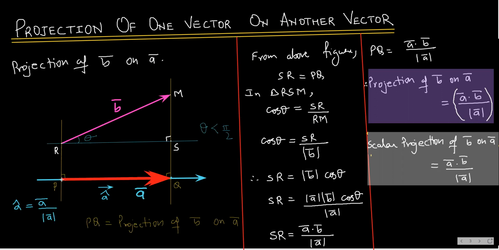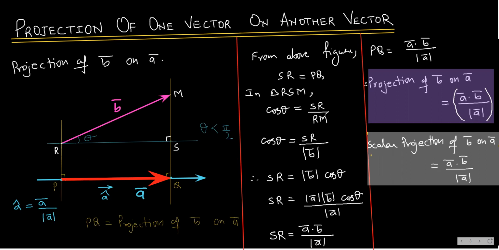I want this big vector, this big. So if I want a vector having magnitude PQ, what will I have to do? Multiply PQ with vector A cap. I have already got PQ, so I will multiply A cap with PQ.